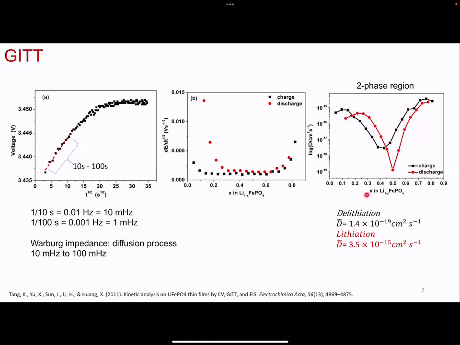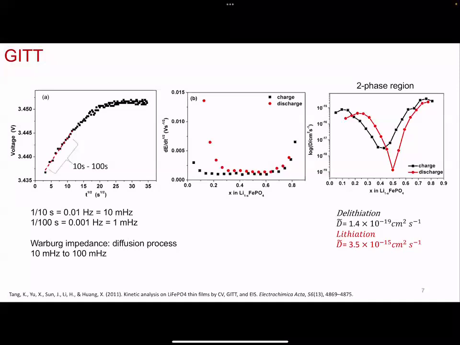So what you're seeing is there is a different diffusion coefficient near the end members. So when x is 0, that's fully lithiated, versus when x is 0.9 or 0.8, so close to mostly delithiated LiFePO4. And then there's this dip in the diffusion, right?